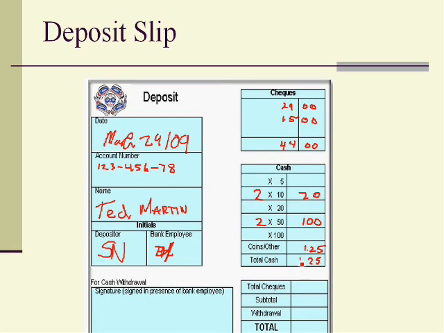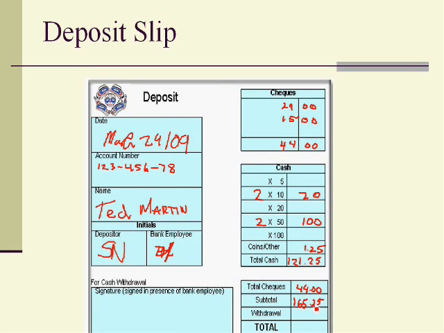So I put my total checks from above, $44. My subtotal will be $165.25.